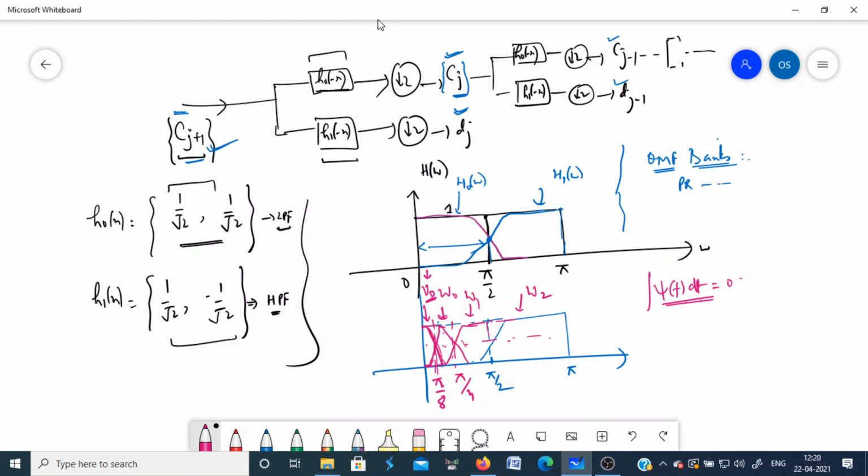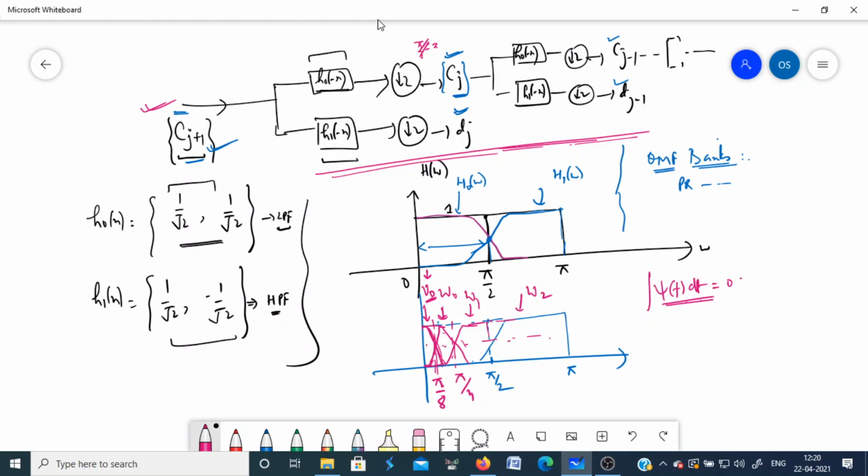Okay, so we have basically a series of filters which decompose this spectrum into different bands. Okay, so the output of this is pi by 2 to pi.